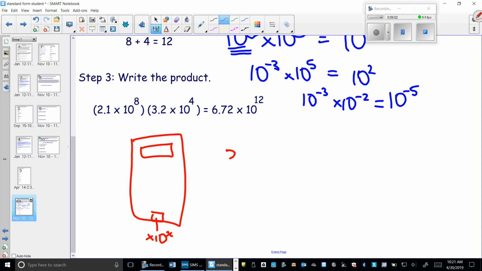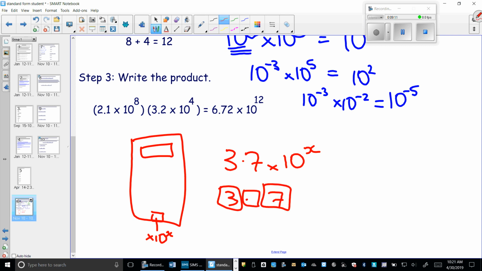So if you wanted to enter 3.7 multiplied by 10 to the x into your calculator, you would type 3.7 and then you would use this button and then just type the number, let's say 8. Then you would just type the power there, okay? So if you wanted 3.7 times 10 to the 8, you would put 3.7, press that button, and then 8. It just means you don't have to type in multiply by 10 to the power.